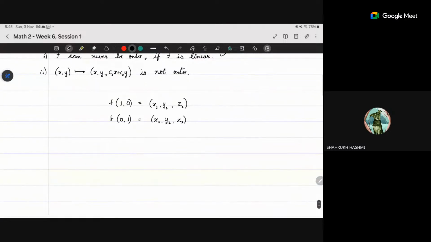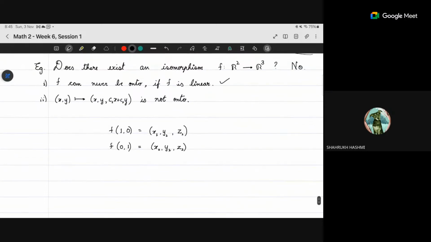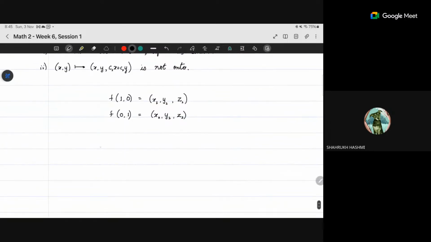Suppose you have any linear map such that f of (1, 0) and f of (0, 1) are given like this. You can take your favorite numbers if you don't like working with symbols. But then you look at any f of (x, y). This is forced to be f of x times (1, 0) plus y times (0, 1), right? I'm just writing (x, y) as x times (1, 0) plus y times (0, 1).